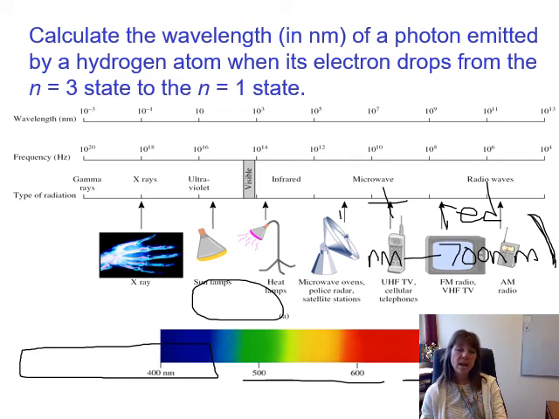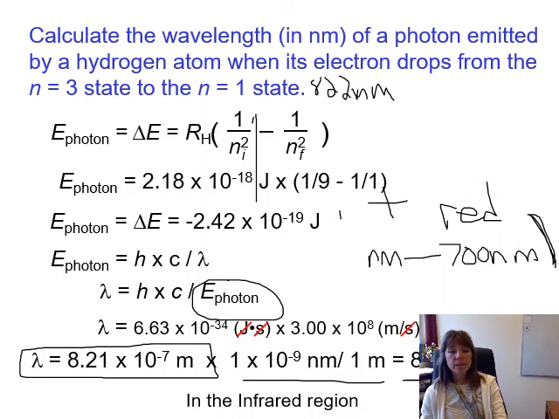It's really hard to see. 10 to the third is 1,000, so it's going to be a little bit lower than that. It's going to be right around here somewhere, maybe right there. Okay, it's in the infrared region. That's what I was trying to look at there.